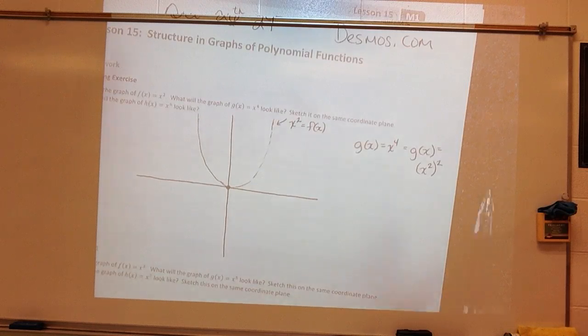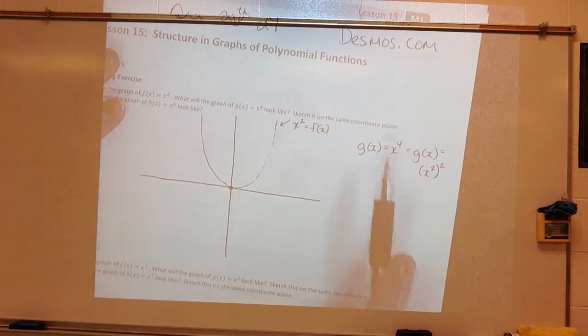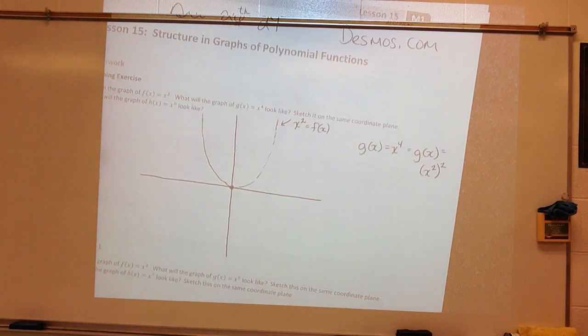So, if I were to put the number 2 in here, 2 times 2 is 4, times 2 is 8, times 2 is 16. What you're going to see with the graph of g of x is equal to x to the 4th is this.